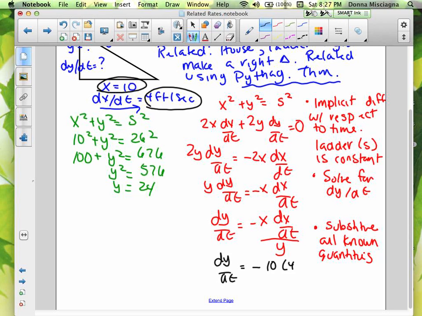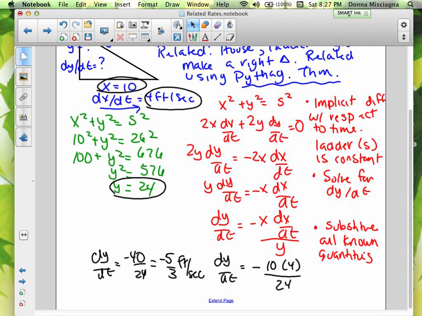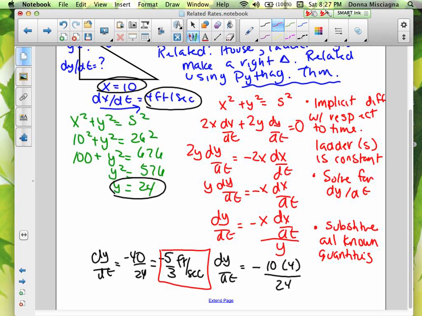So negative 10 times 4, divided by y, which is 24. So dy/dt equals negative 40 over 24, which reduces, both of those are divisible by 8, so we have negative 5/3. Don't forget your units, feet per second. So there's our answer right here. That's all there is to it. All right, let's solve the next problem.